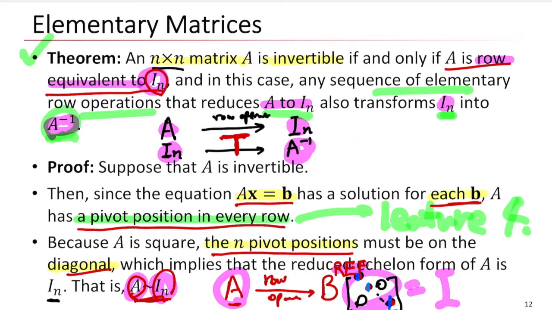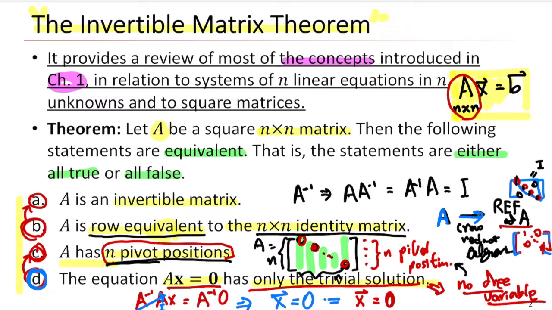In this theorem, an n by n matrix A is invertible if and only if the matrix A is row equivalent to I_n. So this relationship is true.